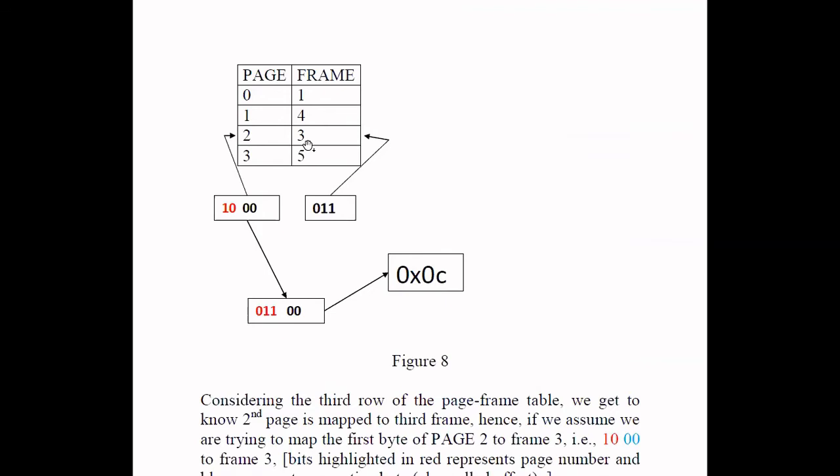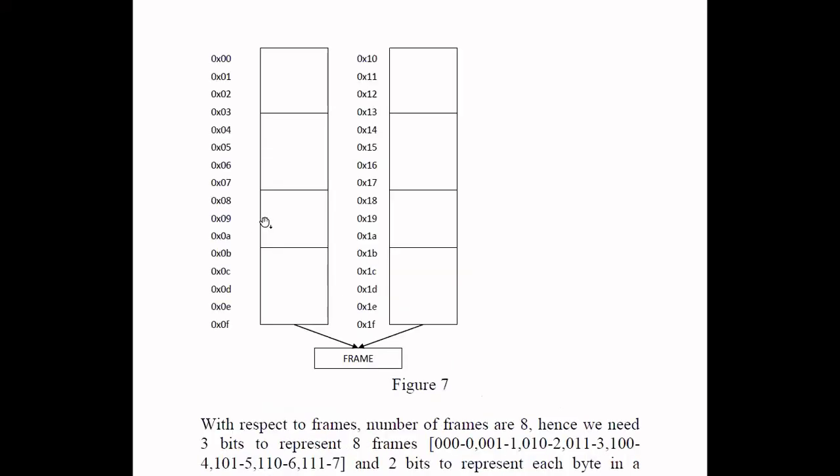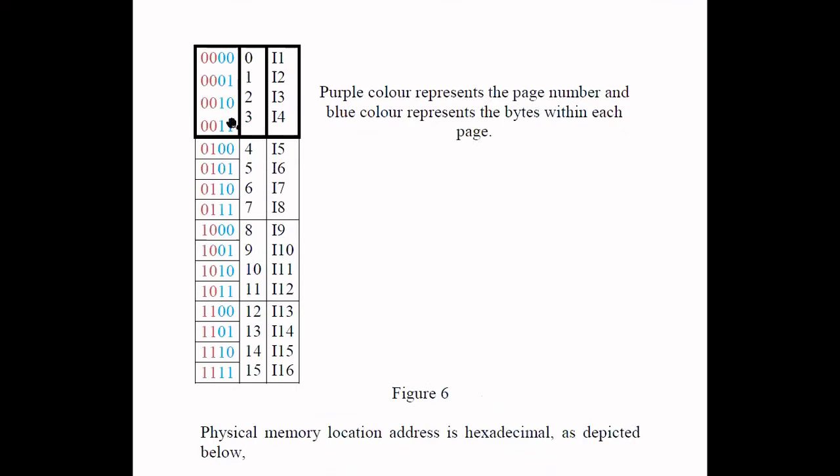Now I need to know how this logical address is going to get converted to the physical address. If I consider the logical address for page 2, it is nothing but 1000, which means, please recollect from this diagram, when I am talking with respect to page 2 and I consider 1000, I am considering the second page, first byte.